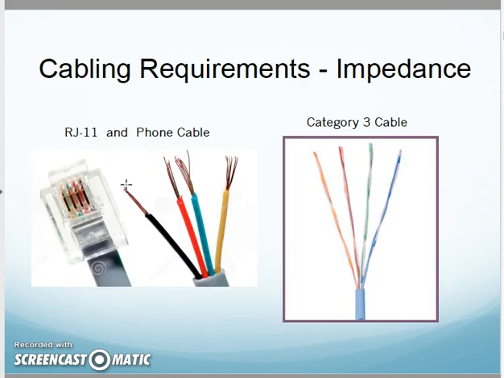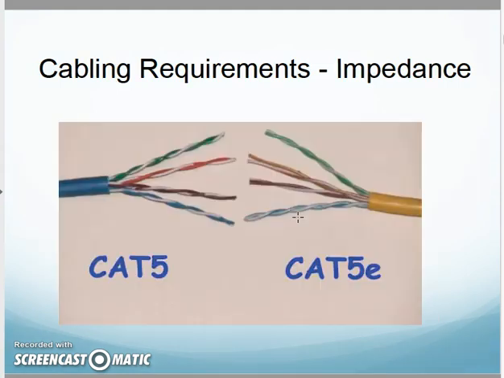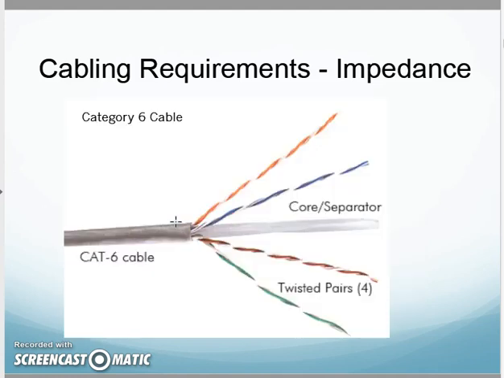Well, that's why over the years, when we had category 3 cabling and had a little bit of signal through, and we wanted to add more signaling, the structure of the cable needed to change to keep that impedance at 100 ohms. So we twisted the cable more, a little tighter, if you will. We wanted to add more signal. I should say the frequency goes up, therefore we need to change the structure of the cable, add our little separator here, to be able to keep it at 100 ohms.